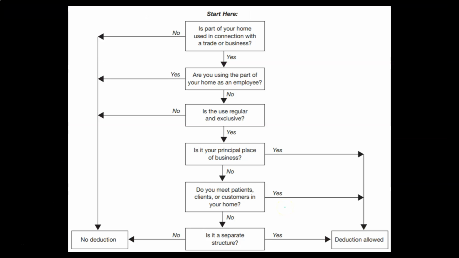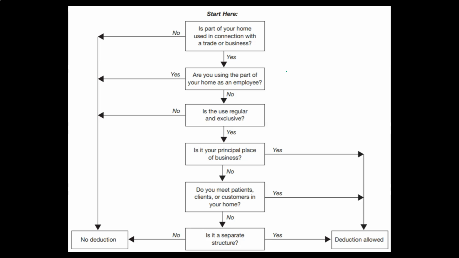Now let's think of a flowchart type of method to see whether or not someone would qualify, and this might be a good tool to use if you have some questions about whether or not someone does qualify, or if someone has questions for themselves. Is part of your home used in connection with a trade or business? If no, then no deduction. If yes, then we move on to the next area.